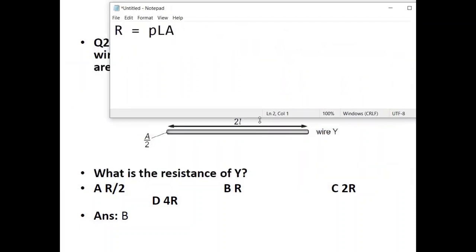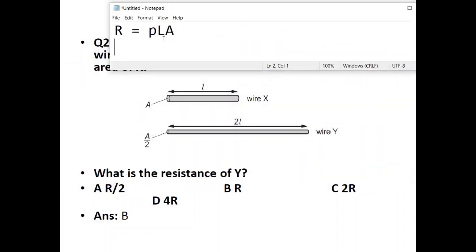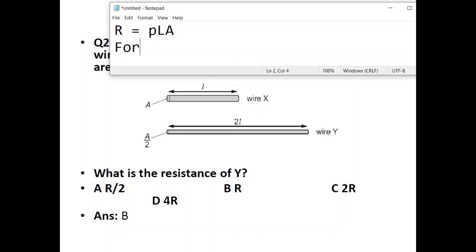Now let's take some supposed values. Let's say that rho is 3, L is 2, and A is, let's suppose, 4.